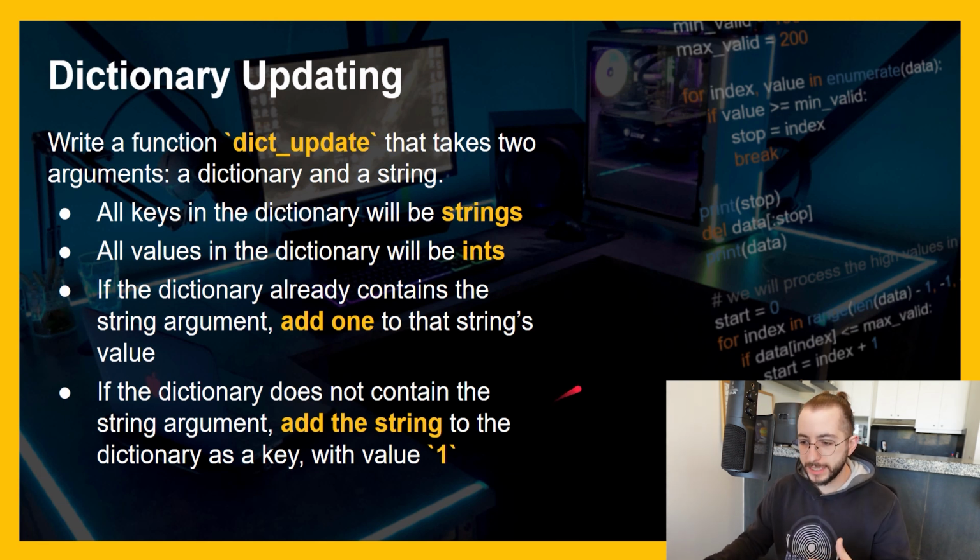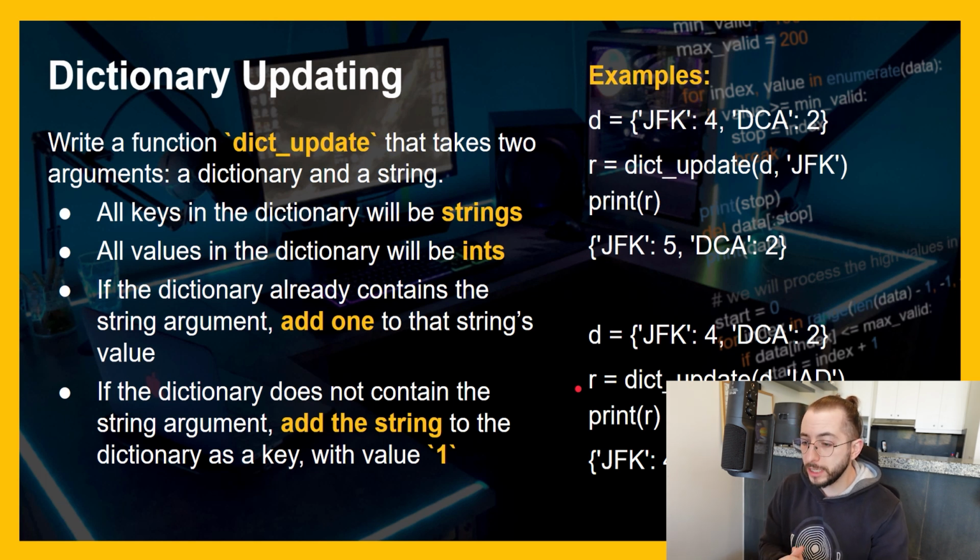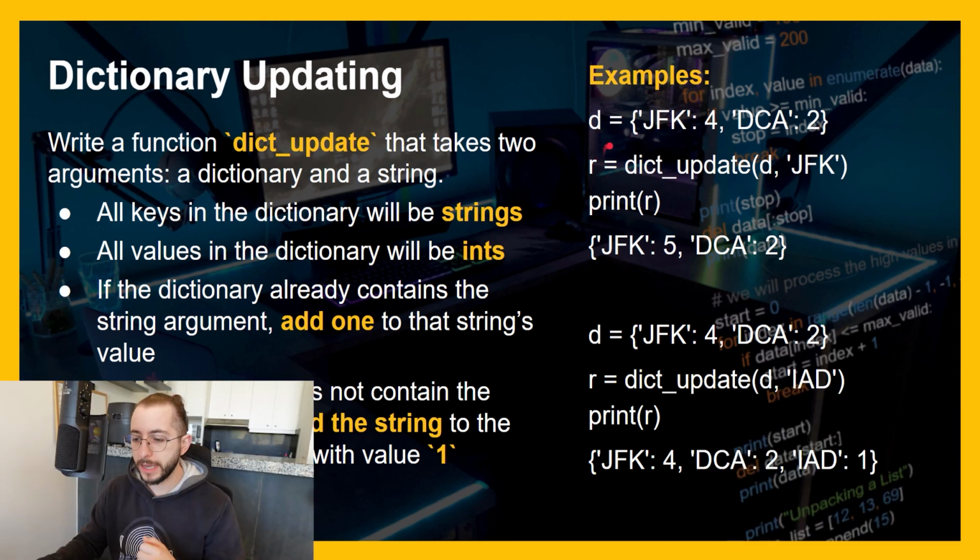So here's an example to make sure that it's more clear. Let's say, for example, you have a dictionary that's D, and you have JFK with a value of 4, DCA with a value of 2. If you say R equals dictionary update, you're returning a dictionary. This is what it means from the example.